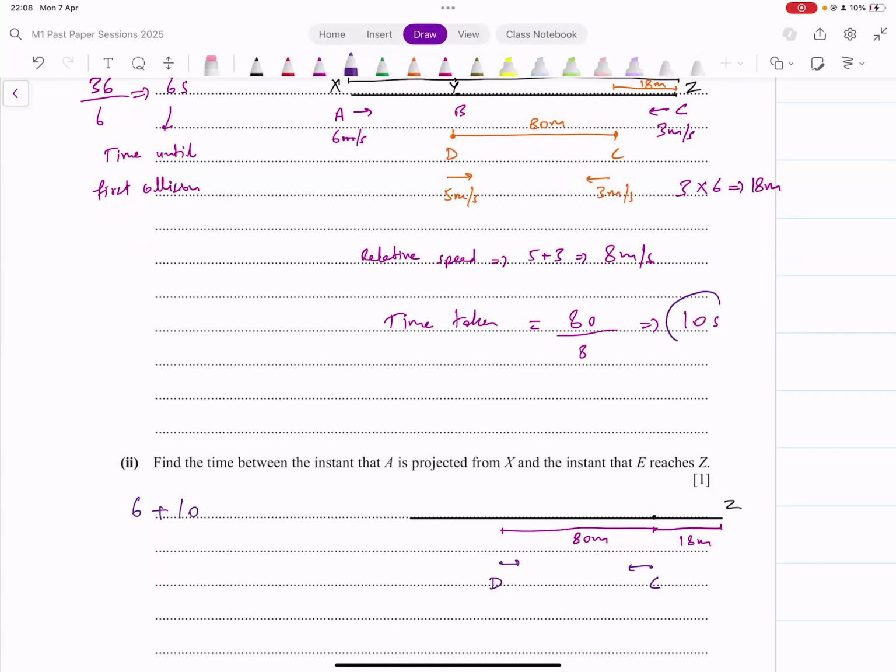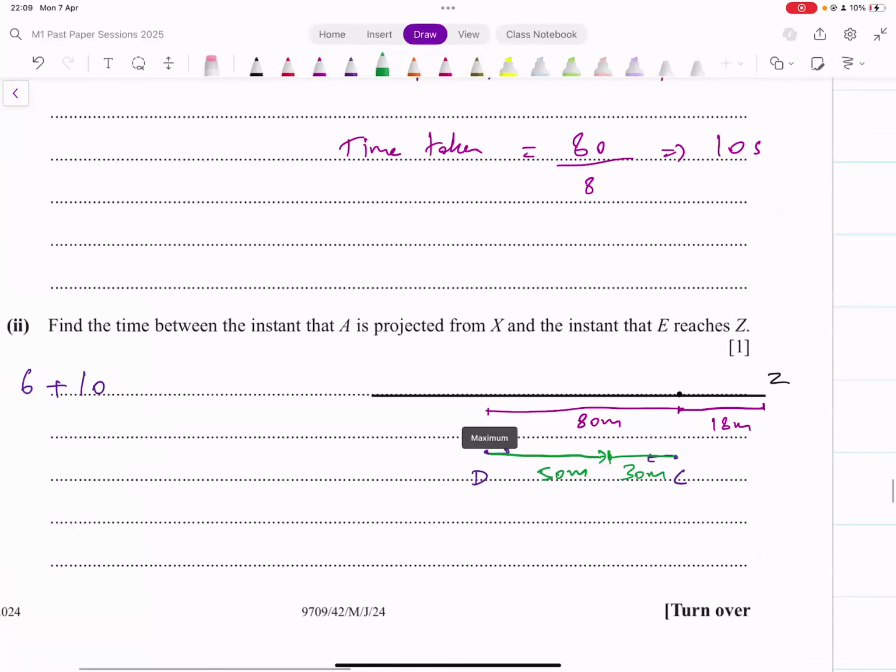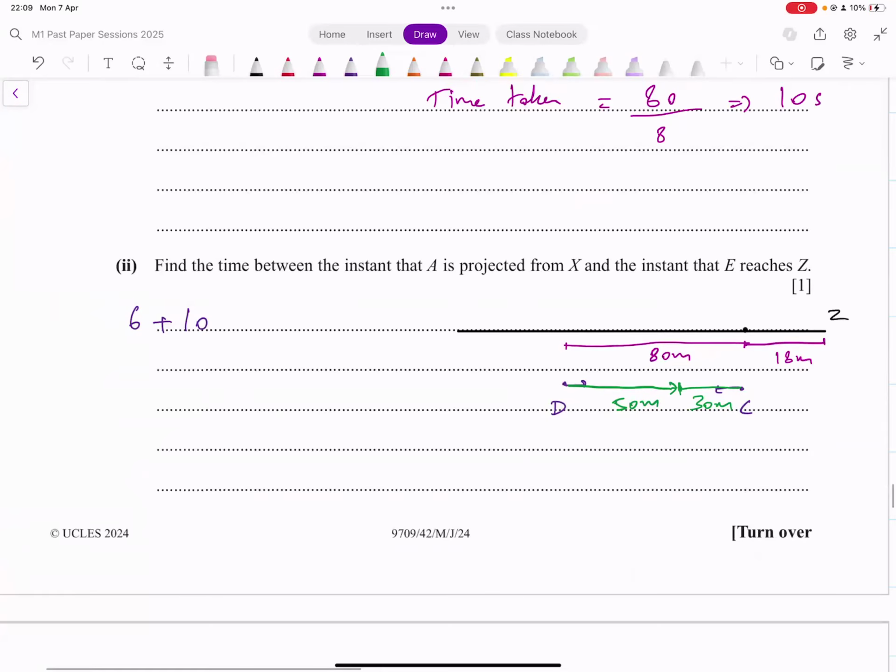The second collision happens after 10 seconds. In 10 seconds, where would C be? C would have traveled 30 meters, and D would have traveled 50 meters in those 10 seconds. This would be the point where they collide. This is where E would be.